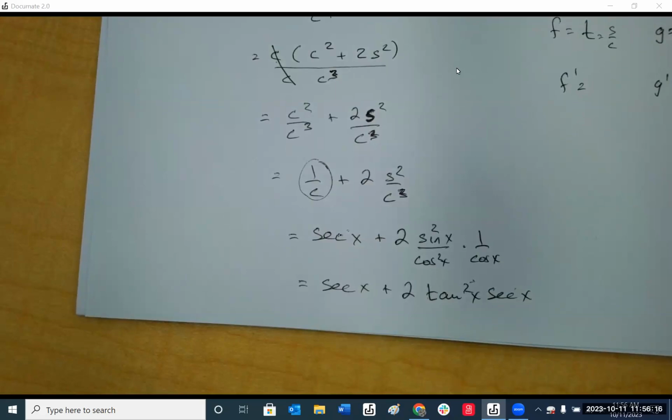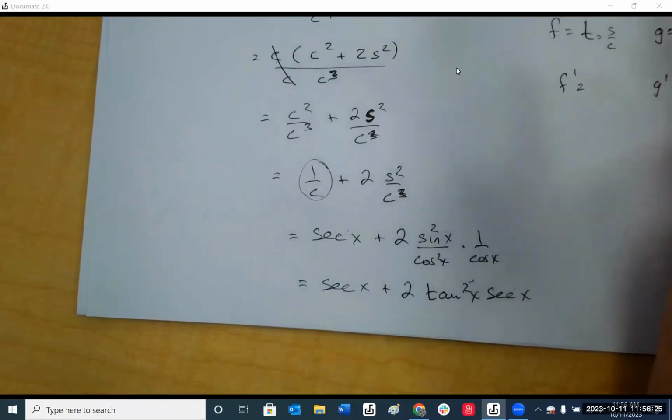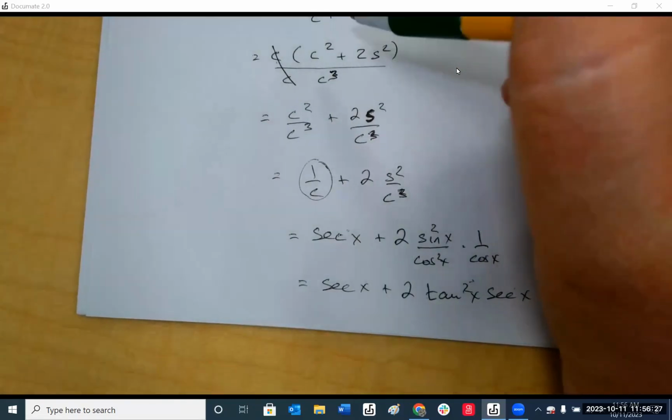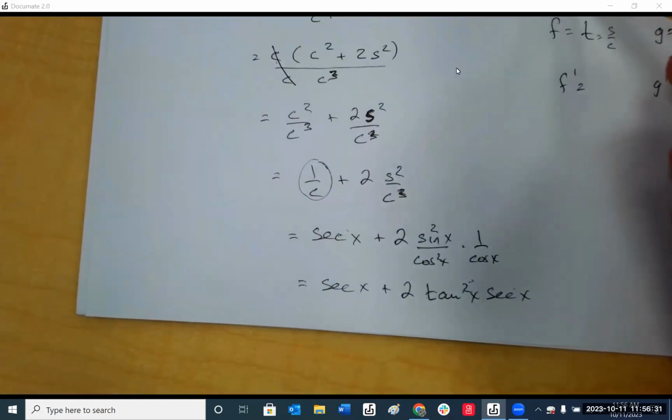Oh, no. I think that's... Okay, so we have cosine cubed plus 2 cosine squared, cosine sine squared over that.